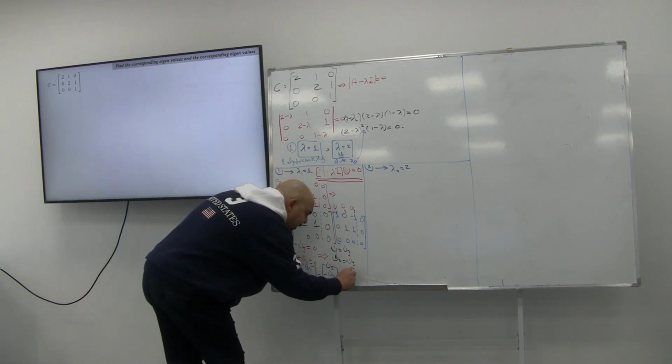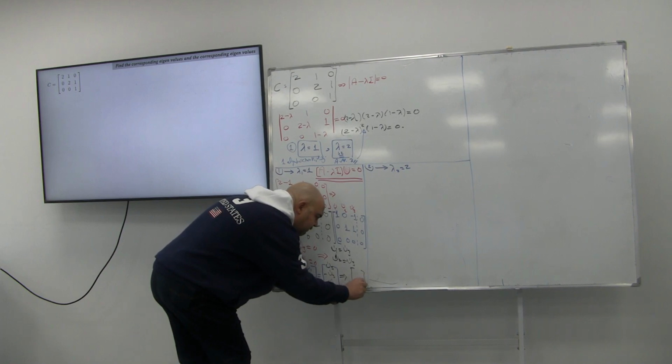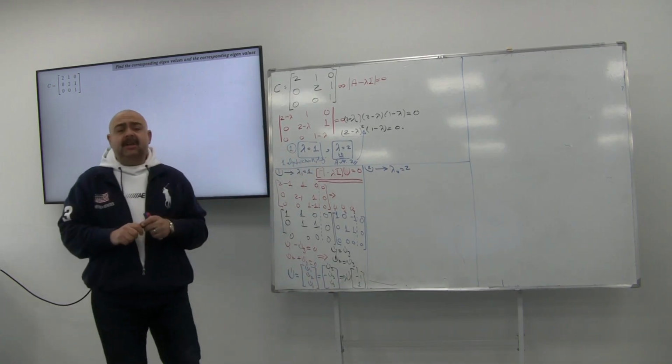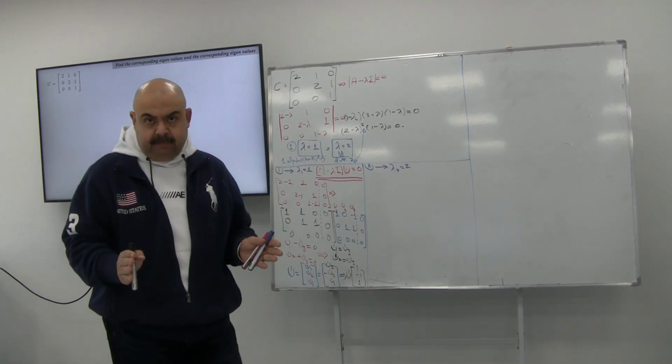So you will end up having this eigenvector. I hope you can see it. It is 1, negative 1, then positive 1. So this is for the first eigenvector.